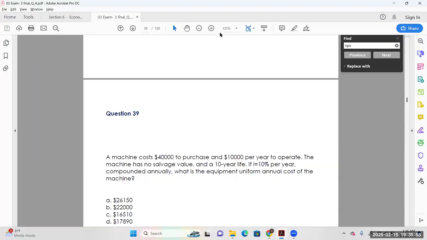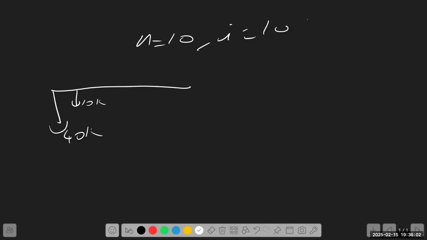I is equal to 10%. So first we'll find the NPV, net present value.